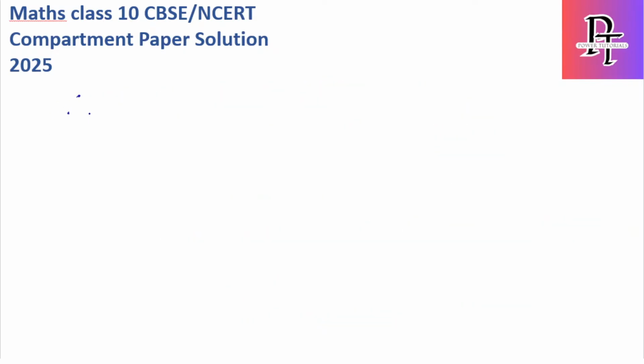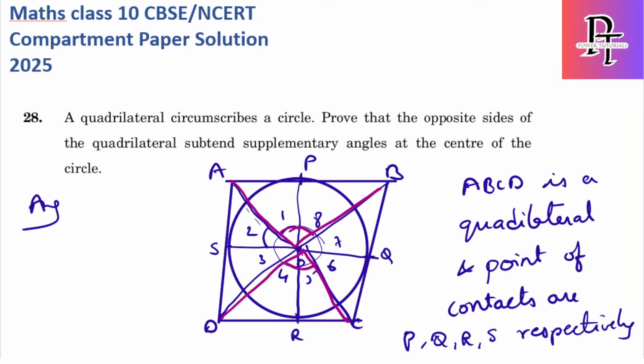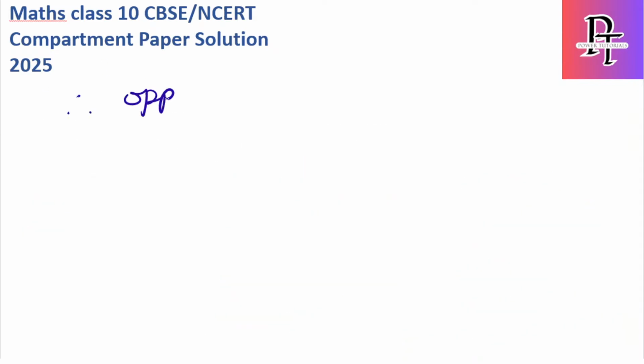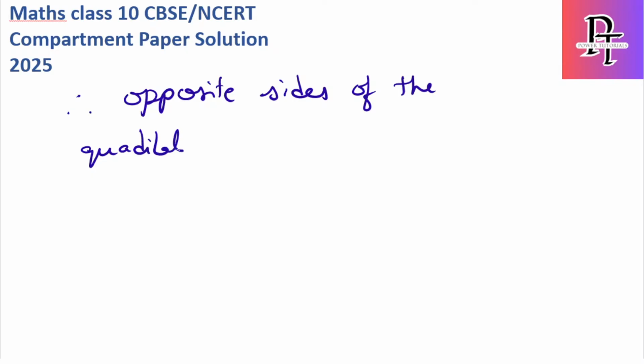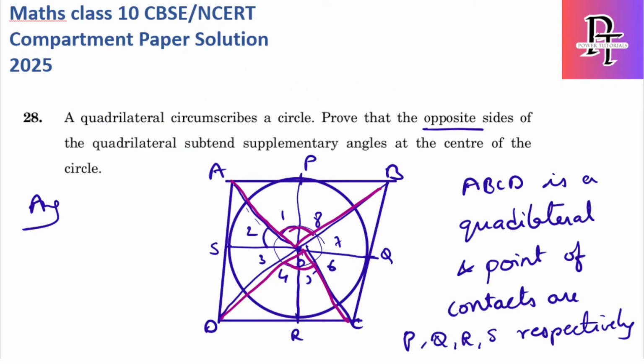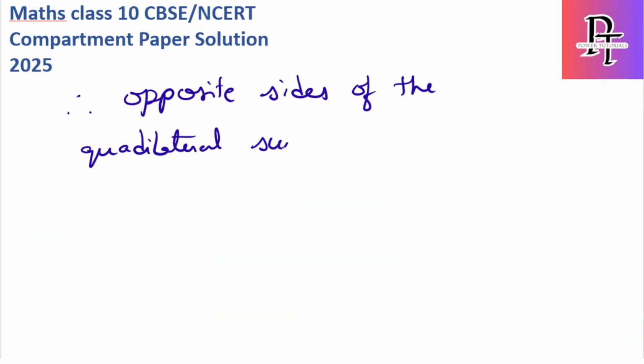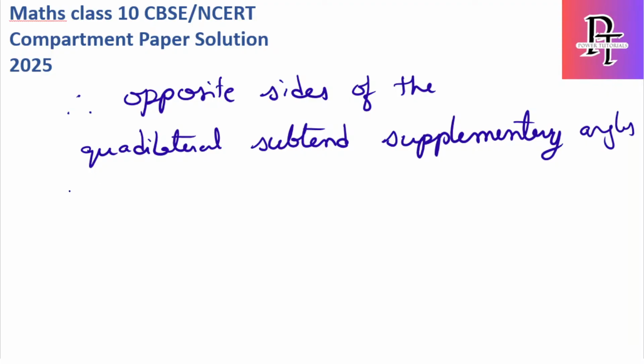Therefore, write the simple point: opposite sides of a quadrilateral subtend supplementary angles at the center.